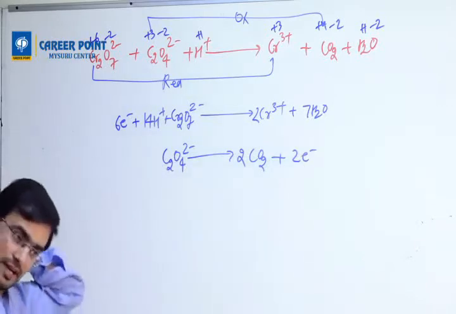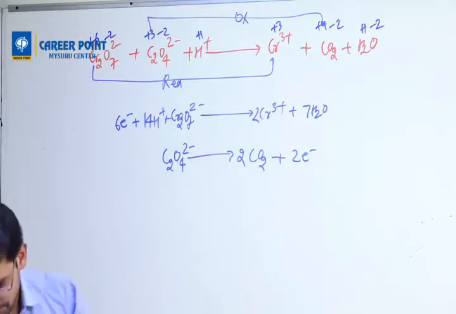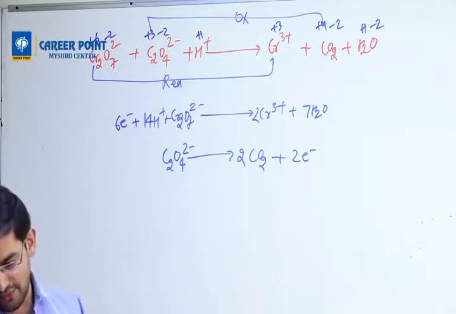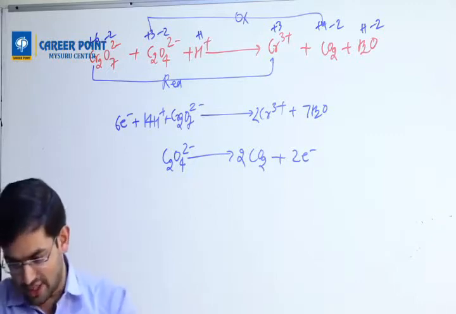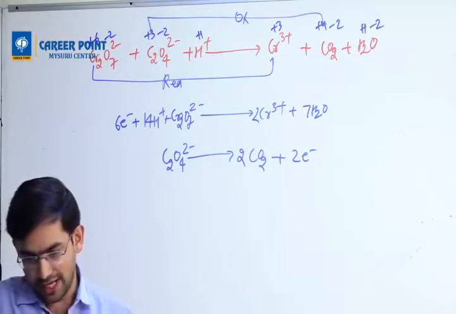Now you see here, you will not get 2Cr2O7, chromium will not have 2.